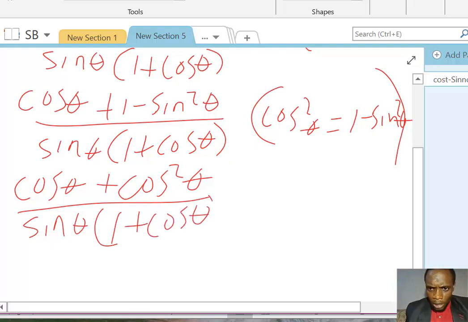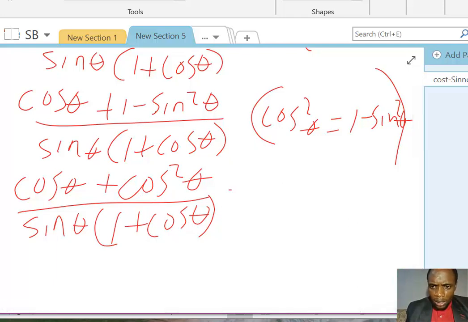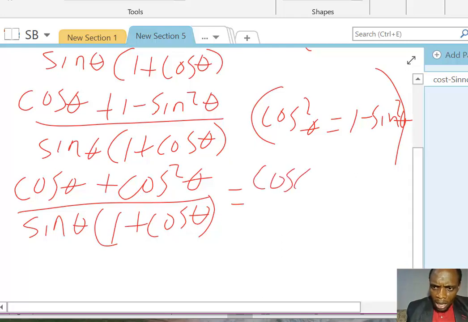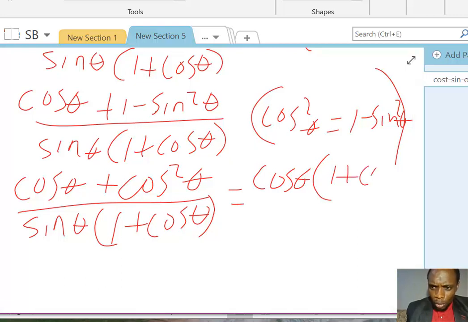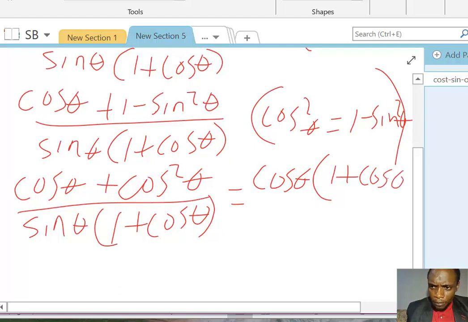I think we can still solve it further. Cos theta is common. We take cos theta out: cos theta into cos theta gives 1 plus cos square theta into cos theta gives cos theta. We are getting to the end.